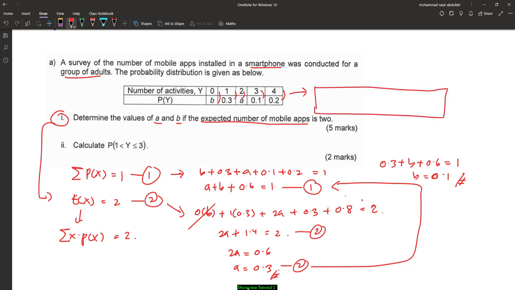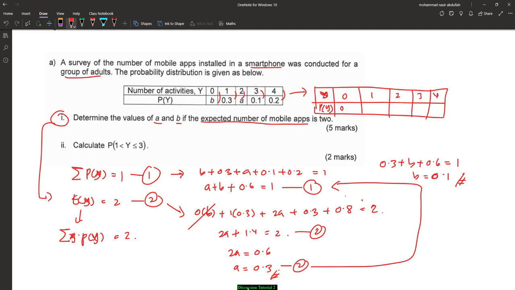So now you see. So this is X. Now they use Y, right, Y. Okay, Y. So if they use Y, it means we change everything to Y. And this is probability of Y, expected of Y. This is Y, Y. Right? And this is probability of Y. So this is 0, 1, 2, 3, and 4.